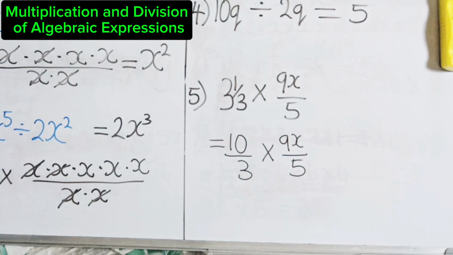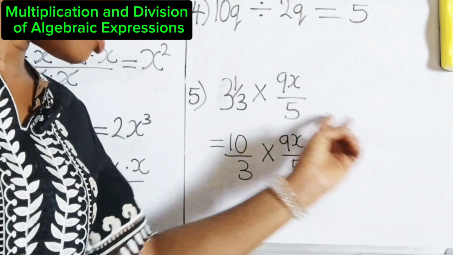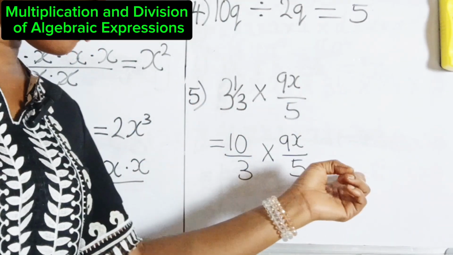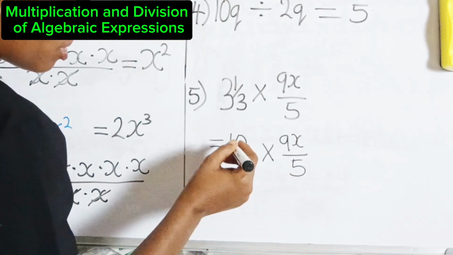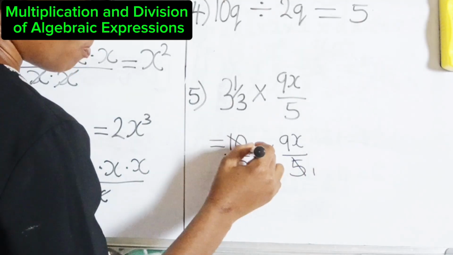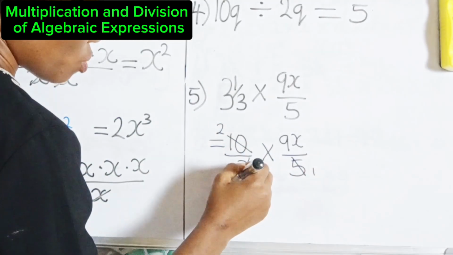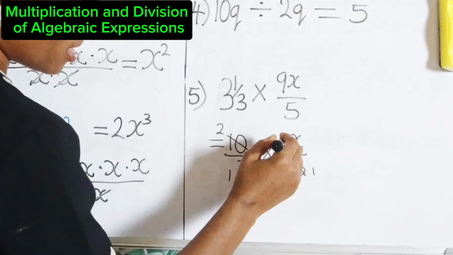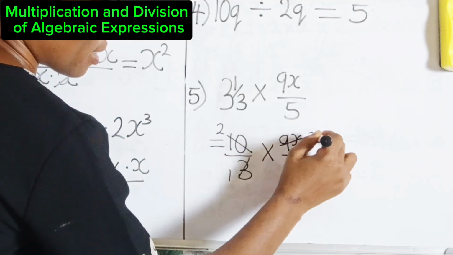Now there are 2 ways to go about this. We can multiply the numerators and multiply the denominators, or we can easily cancel out. So 5 will go into itself 1, 5 will go into 10 2 times, 3 will go into itself 1, 3 will divide 9x, and we are going to be left with 3x.